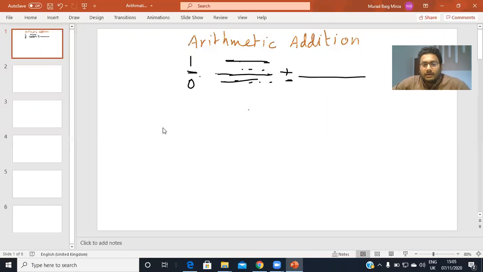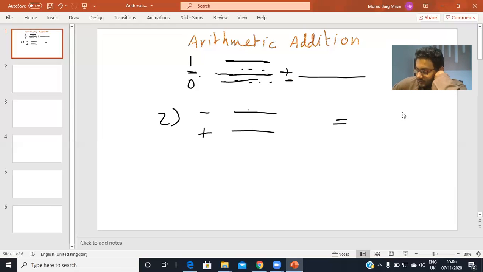But in the second case, if we have one number with a minus sign and one with a plus sign, what will we do? First we take the magnitudes and compare them. After that, we subtract the number with the smaller magnitude from the number with the larger magnitude, and we get the answer here.